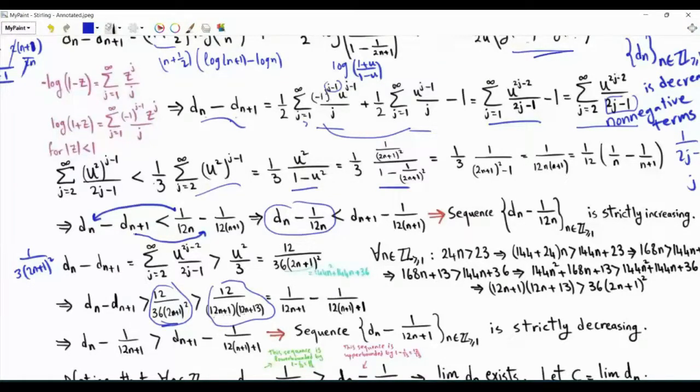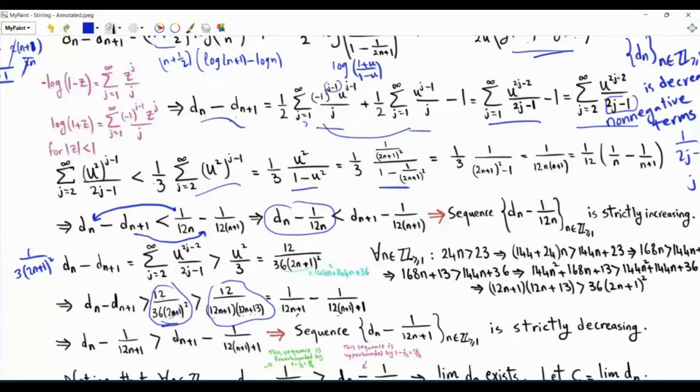This is 12n plus 1, and this is 12n plus 13. So 12n plus 13 can be written as 12 times (n plus 1) plus 1, and these two brackets can be separated as this difference. You can just verify, multiply these two and you will get exactly this quantity, which is again a lower bound on the quantity that we get by keeping just one term in this summation.